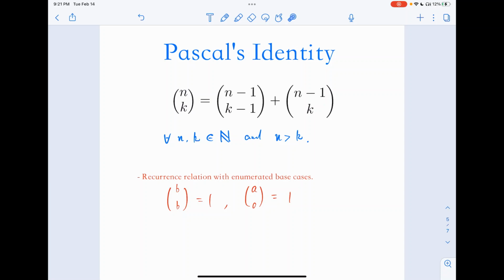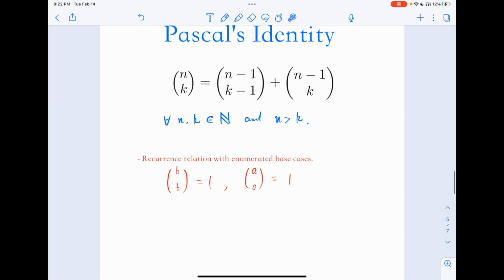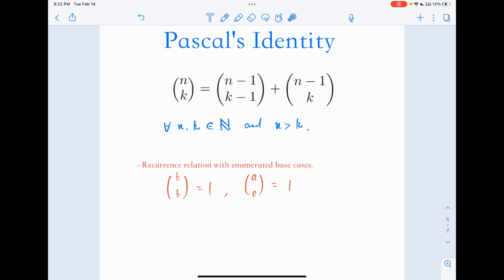The first observation I would make on Pascal's identity is that it is a recurrence relation. And with the enumerated base case that we discussed earlier, given here again, we can actually evaluate any binomial coefficient that we care to ask for. Why is this the case? If you look at the form of Pascal's identity, when you apply it, it gives rise to two further binomial coefficients.